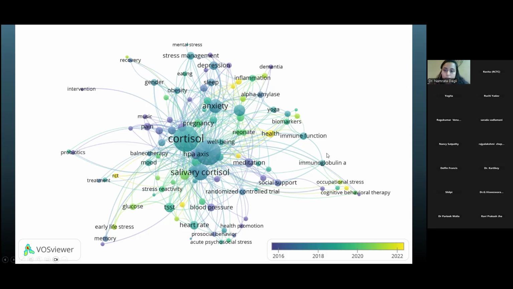For example, there's no study on immune function and dementia. Then I have to check this: is any research possible? Does it make sense to conduct research on this?